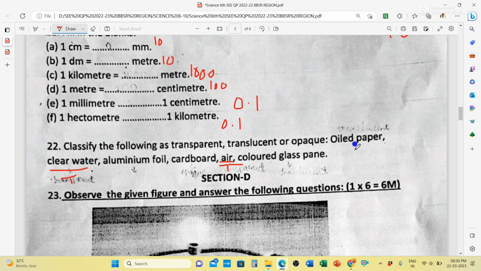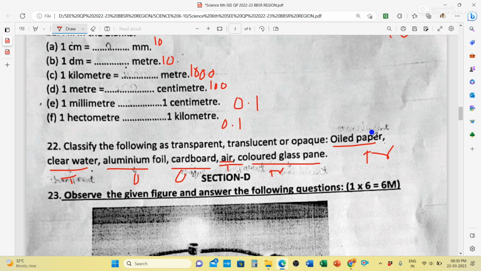Translucent are oiled paper and a colored glass pane. Opaque are aluminum foil and cardboard. So transparent are clear water and air, translucent are oiled paper and colored glass pane, and opaque are aluminum foil and cardboard.